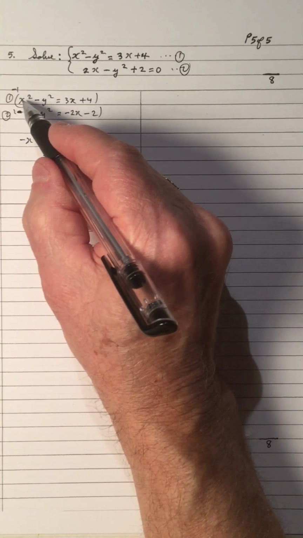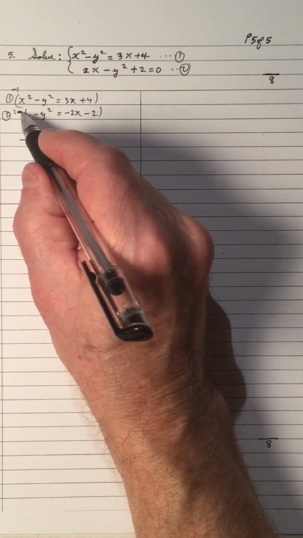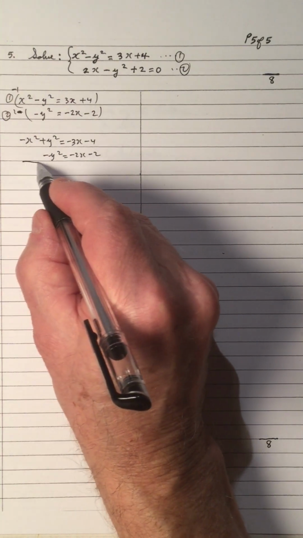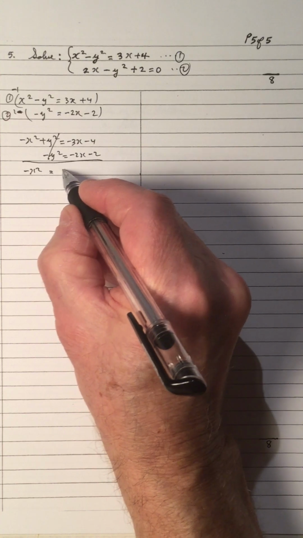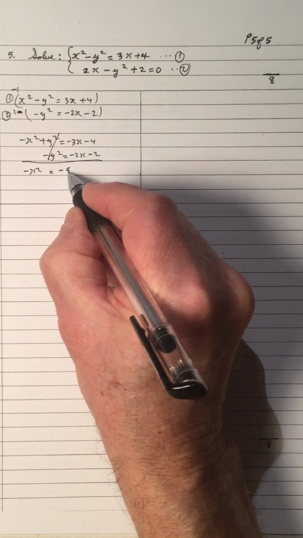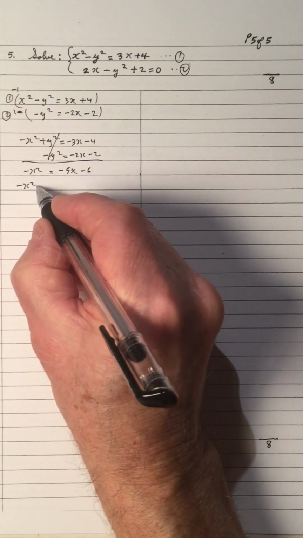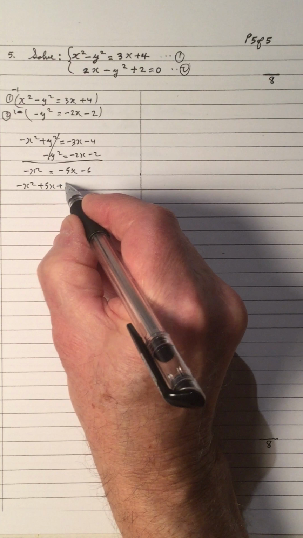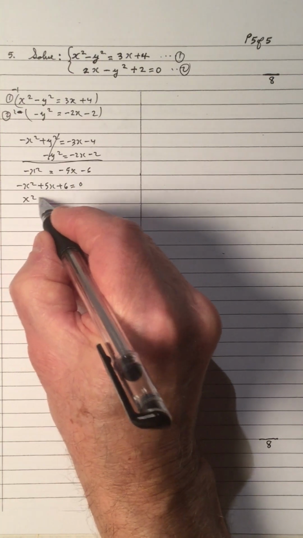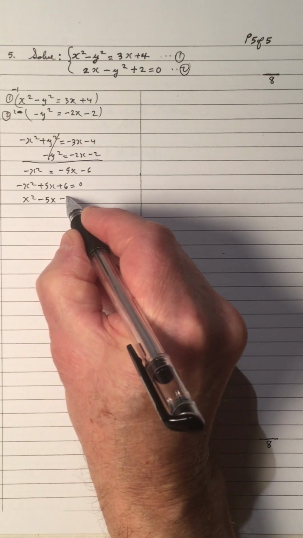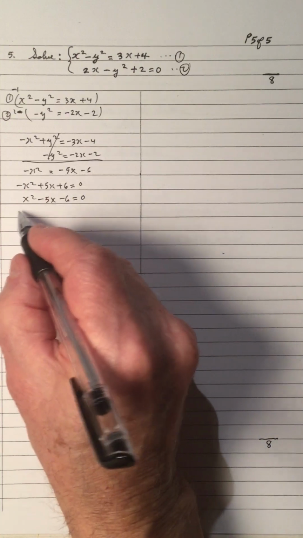So I multiplied by -1, making it negative, positive, negative, negative. I multiplied this one by 1, so it didn't change. I draw a line and add, and they cancel out, so I get negative x squared equals negative 5x minus 6. So that's negative x squared plus 5x plus 6 equals 0. I have a negative, so I'm going to multiply through by -1. So I get x squared minus 5x minus 6 equals 0. And this is factorable.